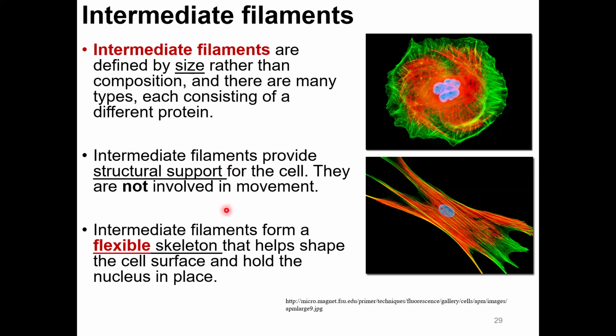They are not involved in movement like the other two sets of cytoskeletal elements. They form a flexible skeleton that allows the cell to form that shape and hold the nucleus in place where it's supposed to be.